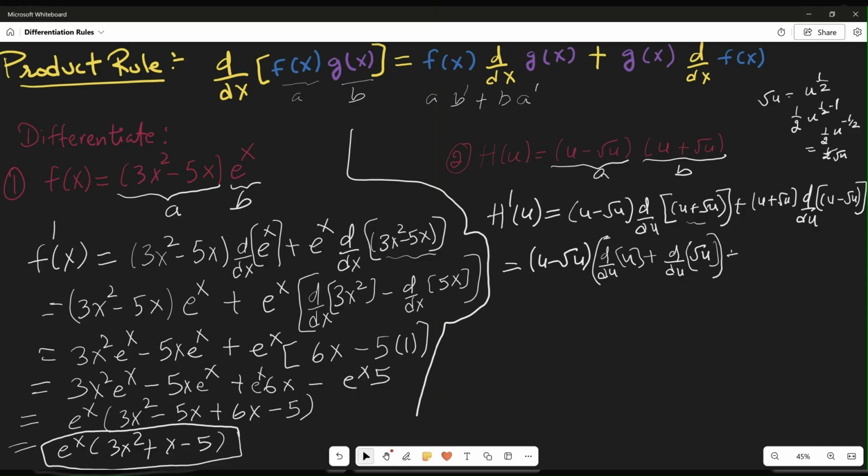This is in multiplication of a times c, right? So now we are just simplifying this before we actually take the derivative.